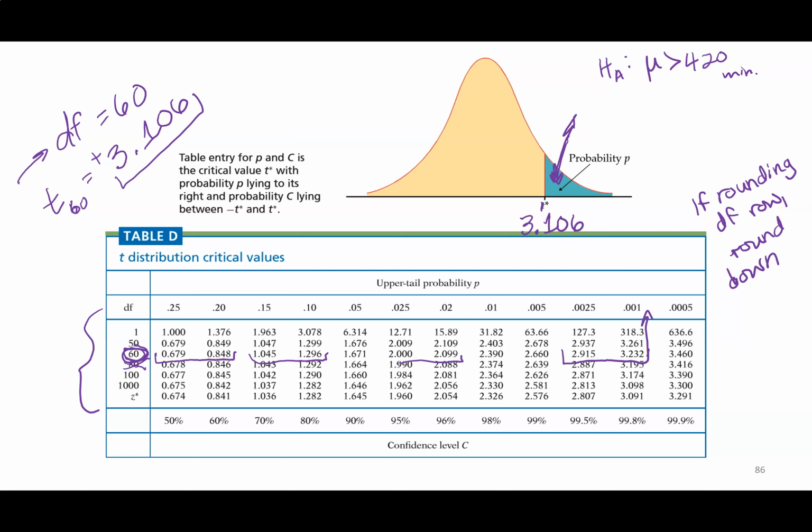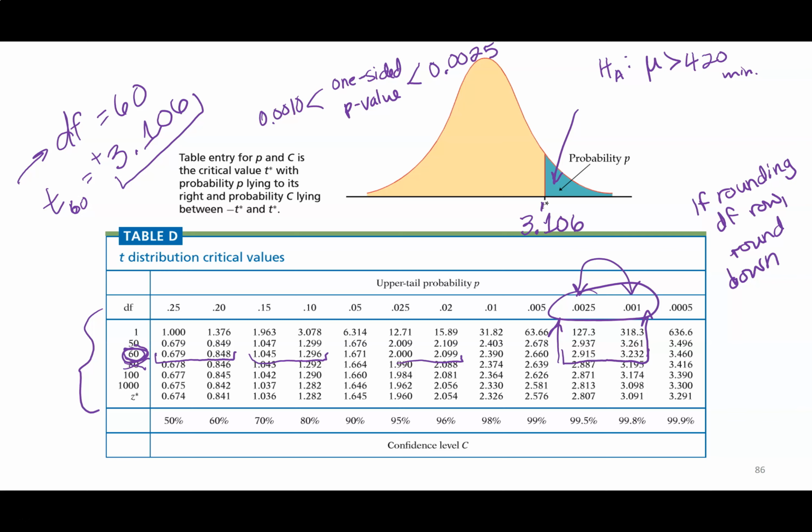That means I go up and say, oh look, my one-sided p-value is between these two. Note that they always write them backwards, so my one-sided p-value, that shaded blue area right there, is between 0.001, I could even put another 0 there, and 0.0025.